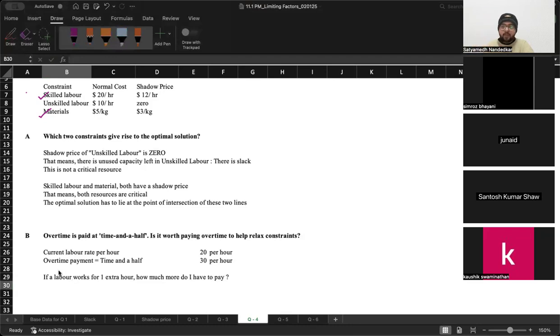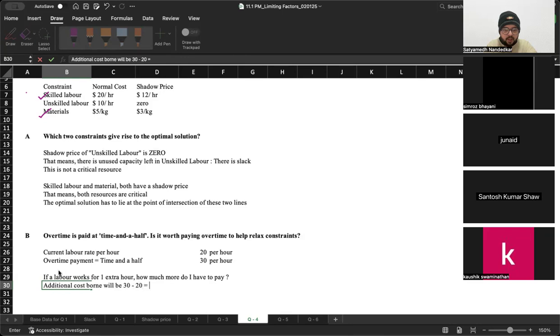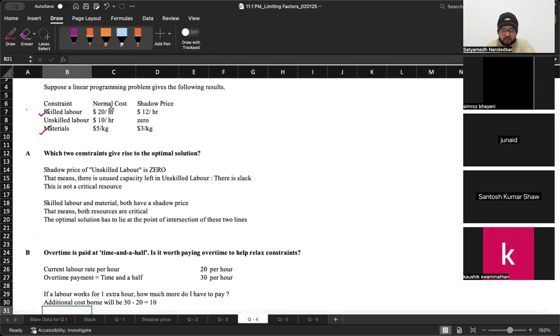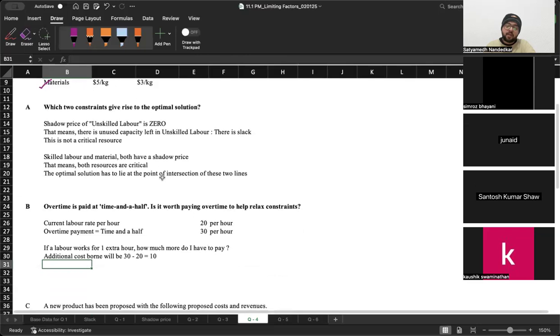When he does overtime he gets 30 per hour. So additional cost borne will be 30 minus 20, that is 10. When a labor works for 1 more hour, you have to pay 10 rupees extra. But whenever a labor works for 1 more hour, you get 12 extra.